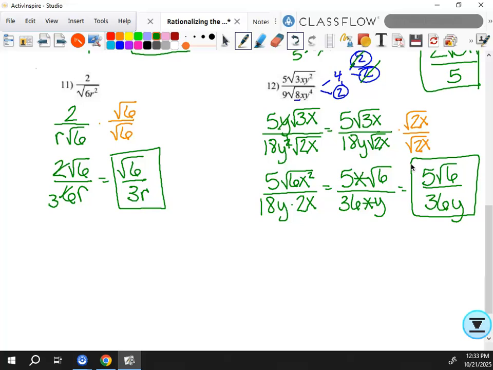Okay, 36 over 8. Yes, but I have a feeling something else is off. Did anybody else get what I got? Okay, I'm just double checking. So that means that somewhere along the way, 8 times 9 is 72. So you have 10 over 72.